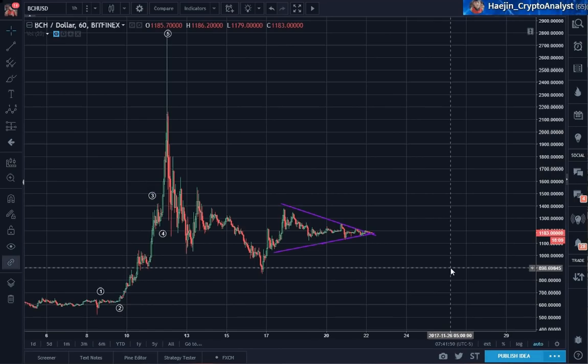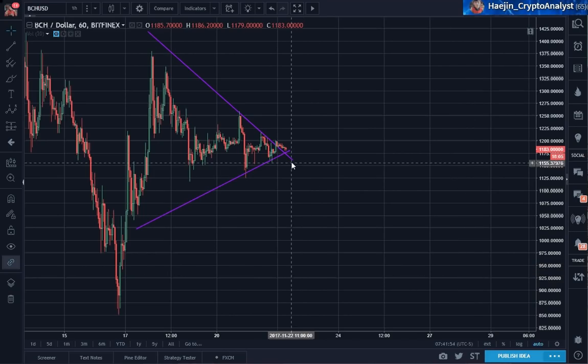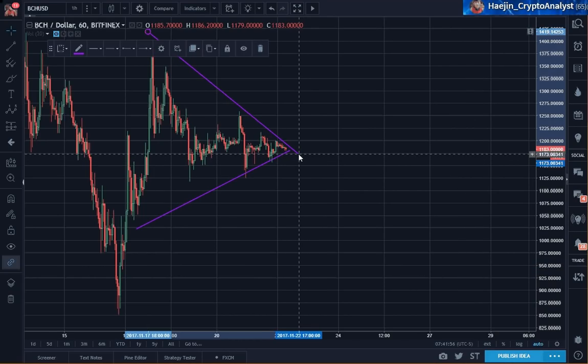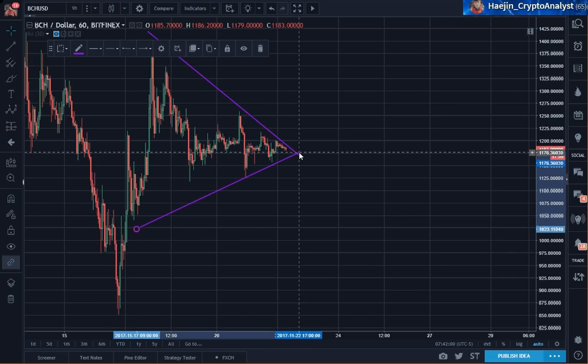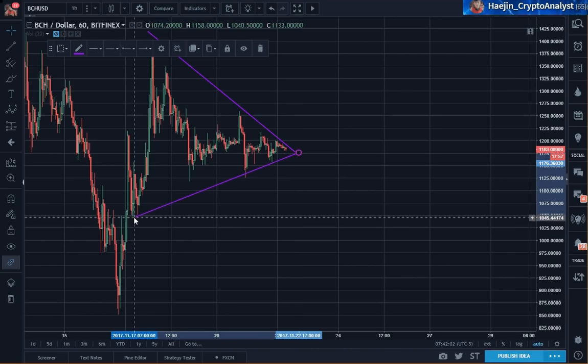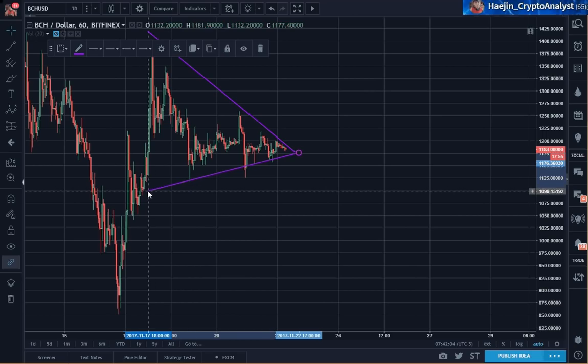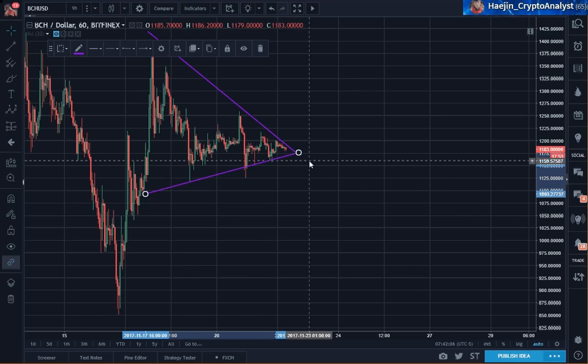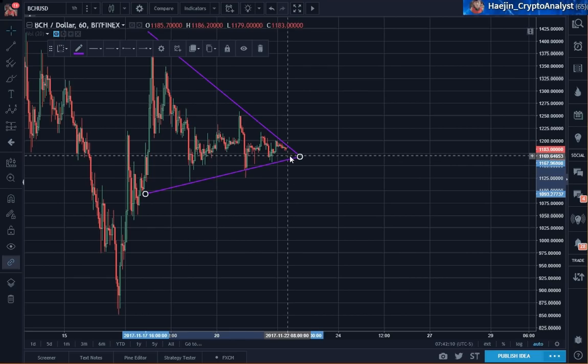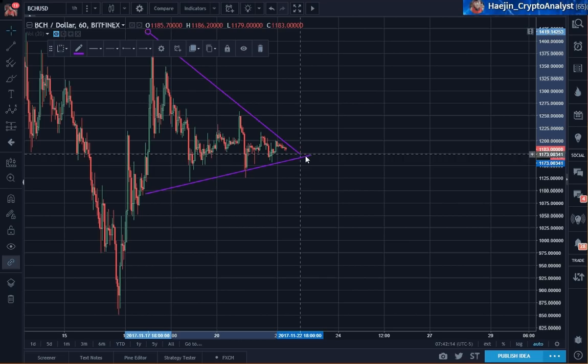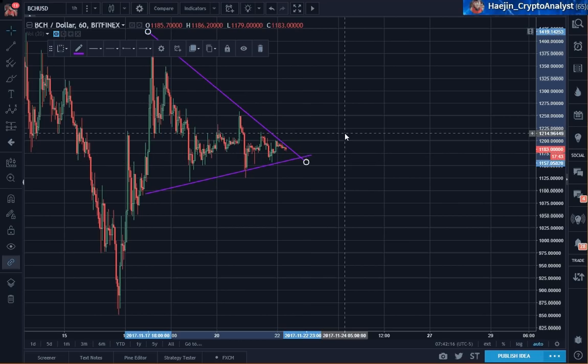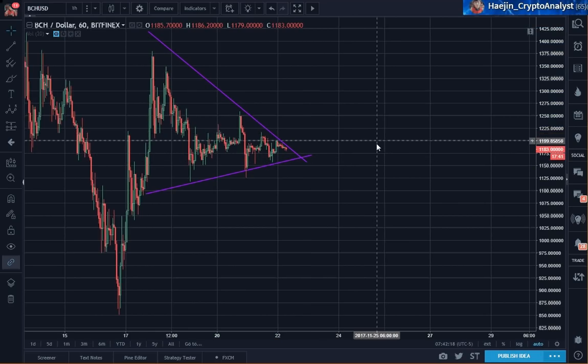Let's revisit Bitcoin Cash. I try to connect as many price bars as possible. If you only have 2 price bars connecting, then that's not good.